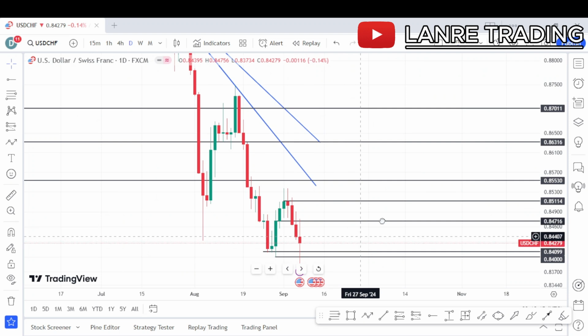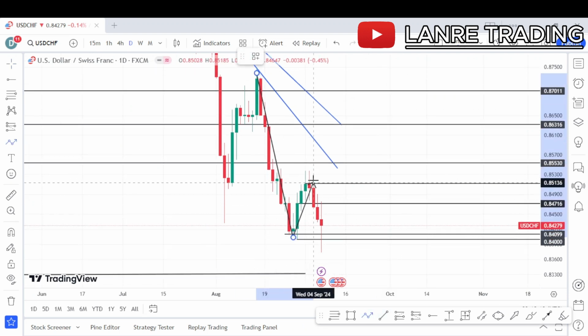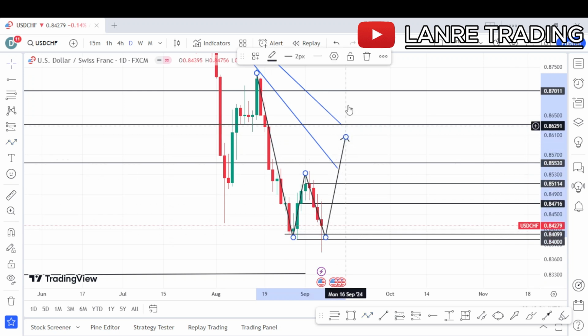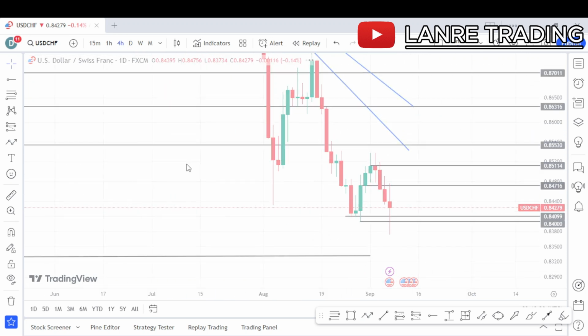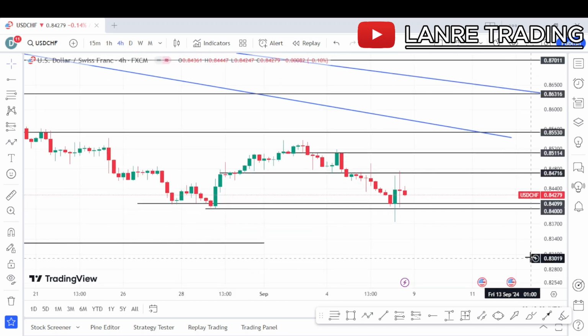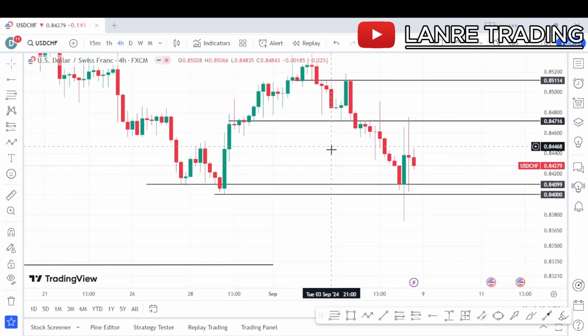So I am currently on the weekly time frame, and let me show you another big move. You see this reversal pattern currently forming right about here. This is a double bottom. So let me scale down to the 4 hours time frame. This is my POI level right about here, and the price has already met the entry criteria.